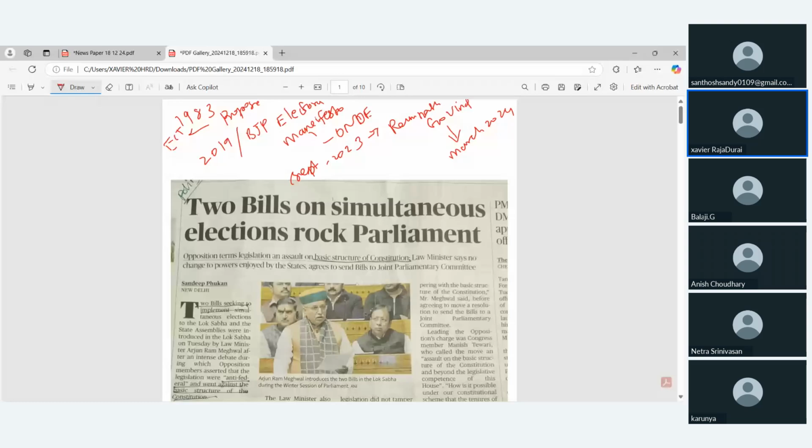Based on this report, a bill was drafted. The draft bill got cabinet consent, which means the cabinet's approval. After getting the cabinet consent, it was introduced in the Lok Sabha yesterday.